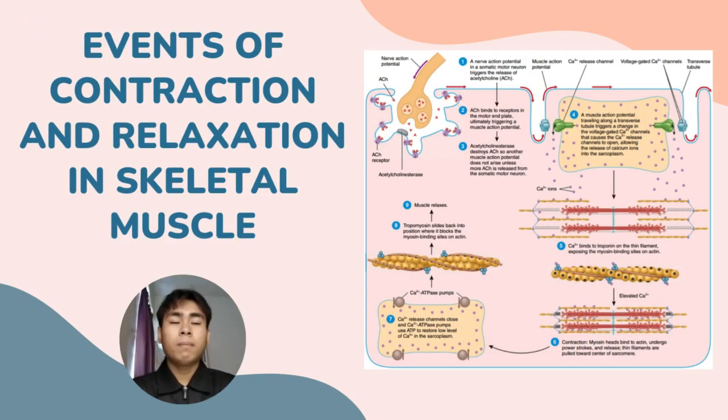Now I'm going to talk about the events of contraction and also the relaxation in skeletal muscles. The story of this event is very long, but I'm going to summarize everything.